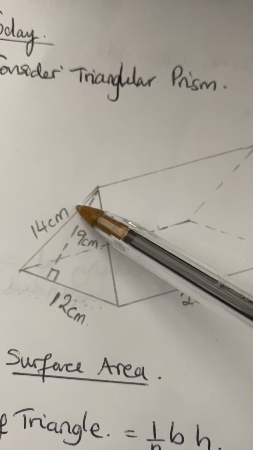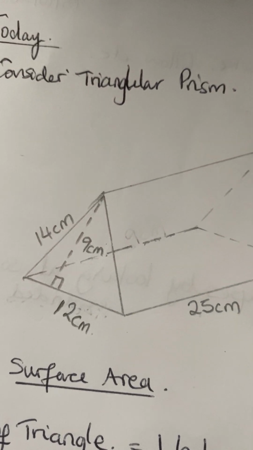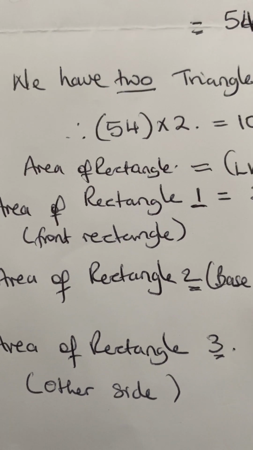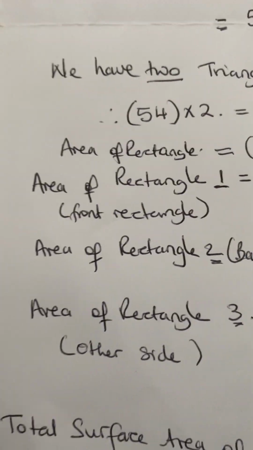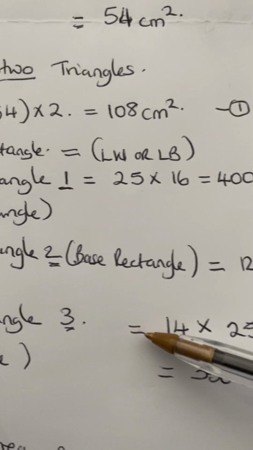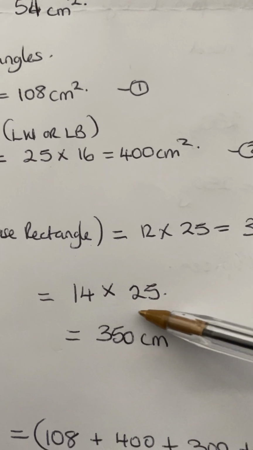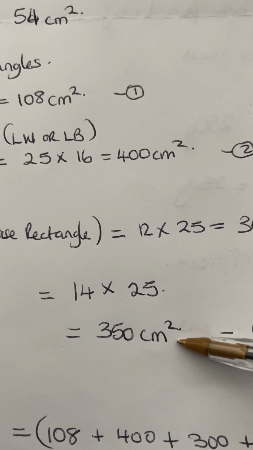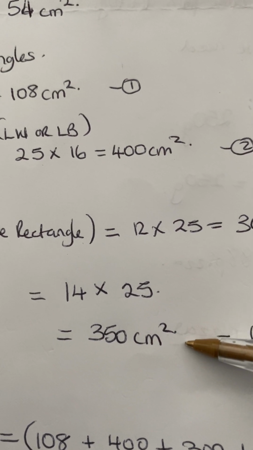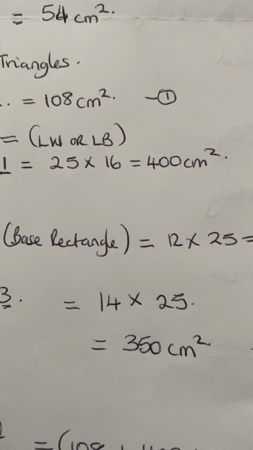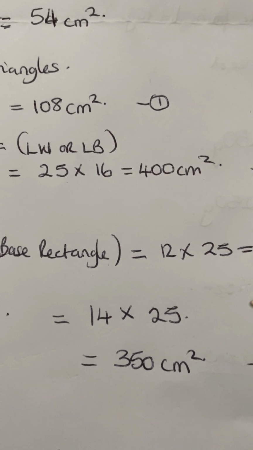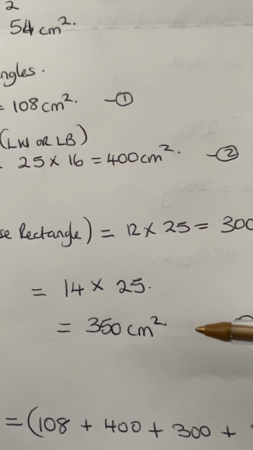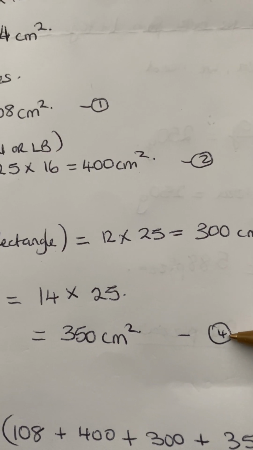So the fourth part, which is the back rectangle, will be 14 times 25, which is 350 centimeters squared. All our units are centimeters, so area will be centimeters squared. We label it 4.